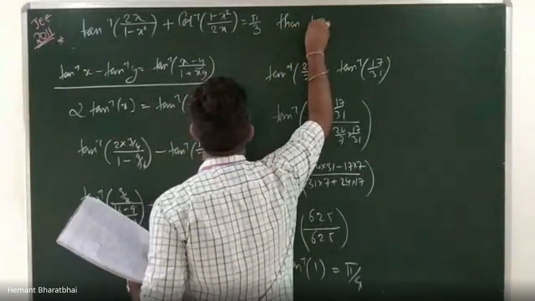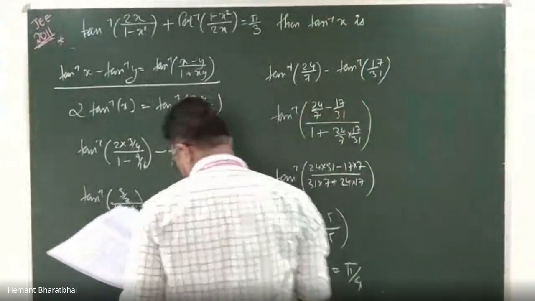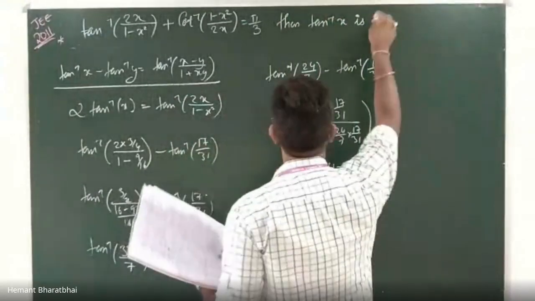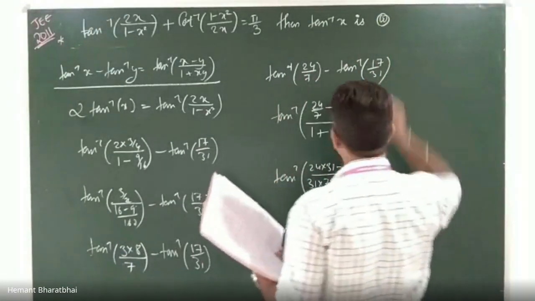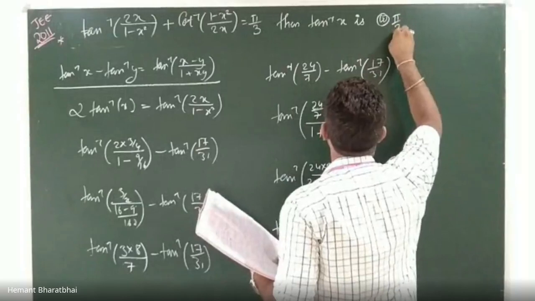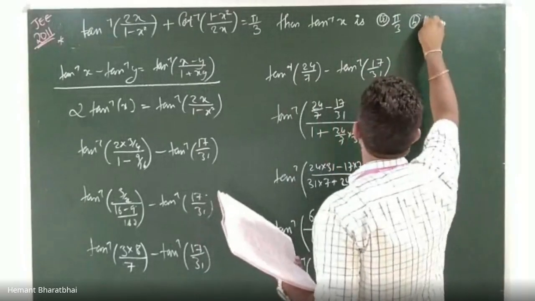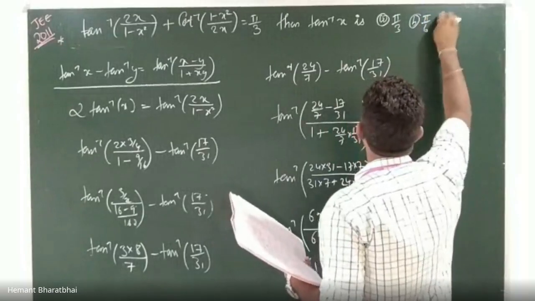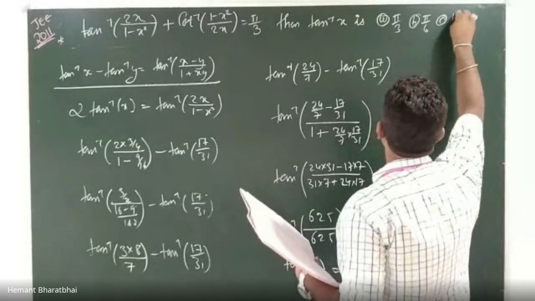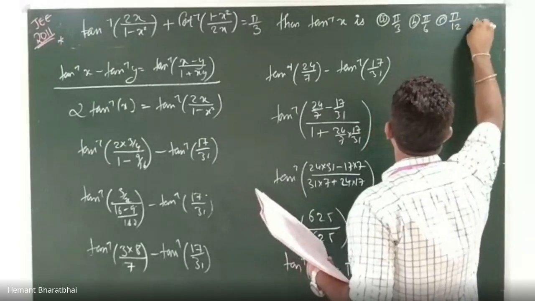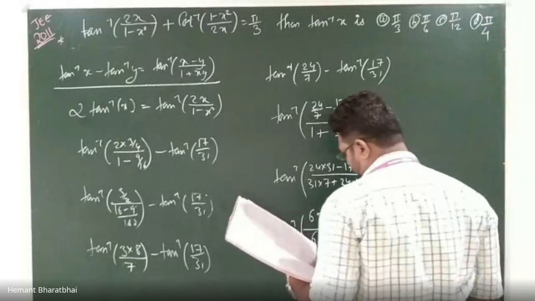Then tan inverse of x is option number A, pi by 3, option number B, pi by 6, option number C, pi by 12, and option number D, pi by 4.